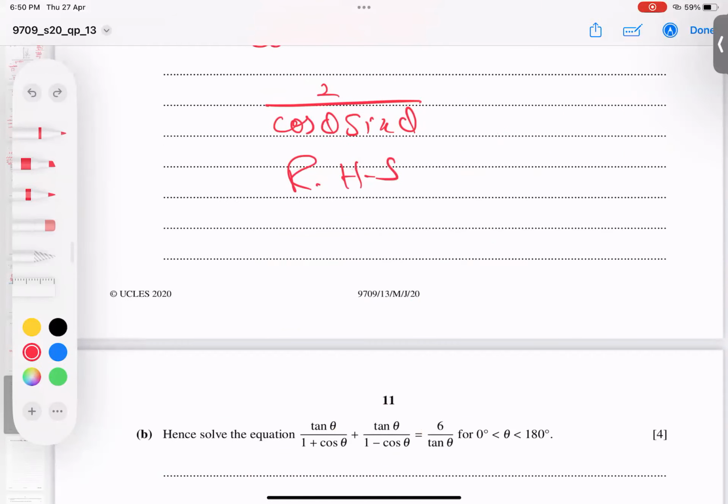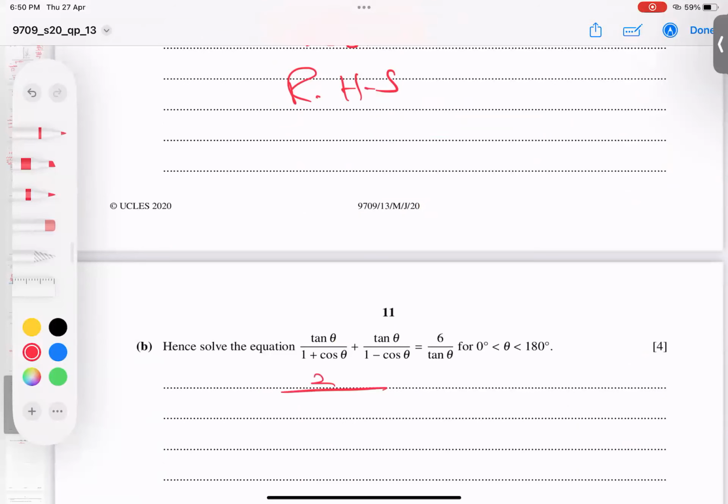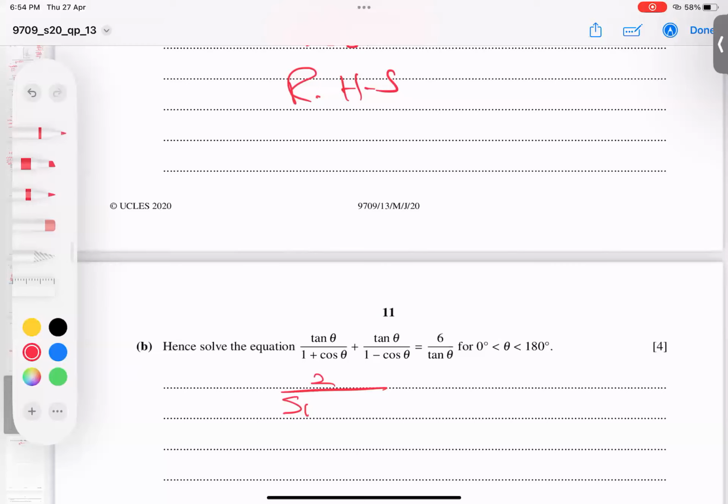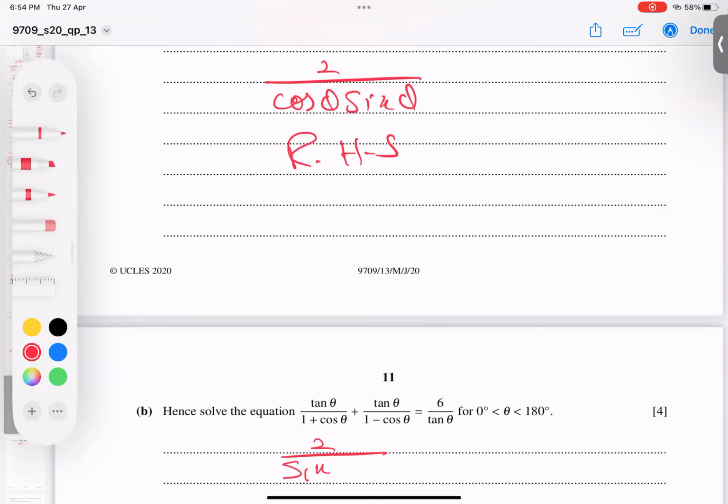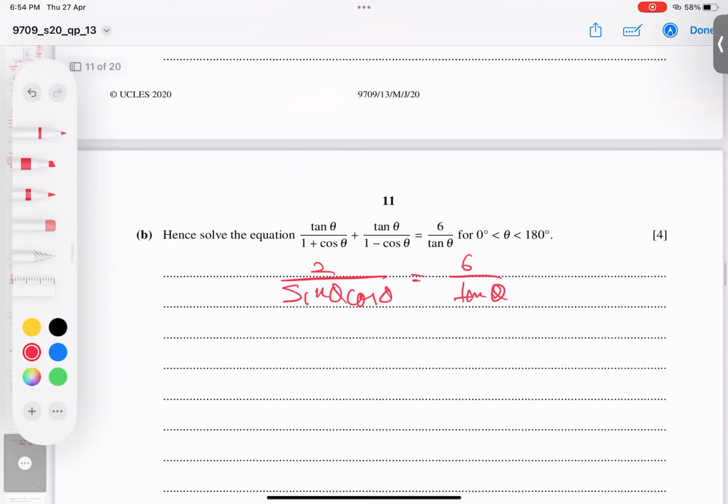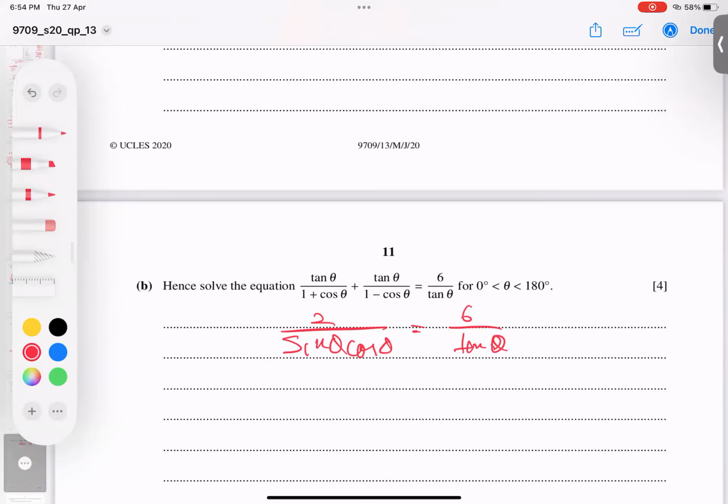So 2 over sine cos. So 2 over sine theta into cos theta equal to 6 over tan theta. Okay. Now, student, what is the technique here? Because I got this from there. Okay.